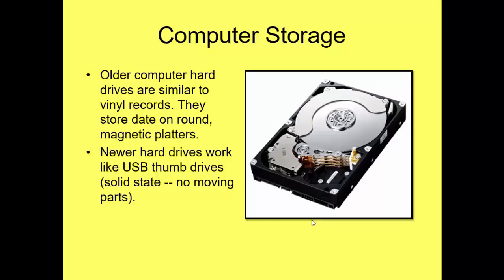Your newer hard drives, the solid state drives, also called SSDs, are like great big thumb drives, and they don't have any moving parts. They're really nice, but they're expensive, and they're not quite as large. You can't store as much stuff on them yet economically as you can on these older platter-based ones. This arm moves back and forth like a record player and retrieves the positive or negative charges off of that charged surface there. So that's what a hard drive looks like.